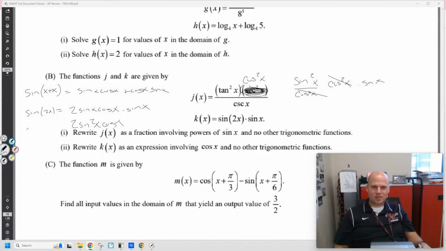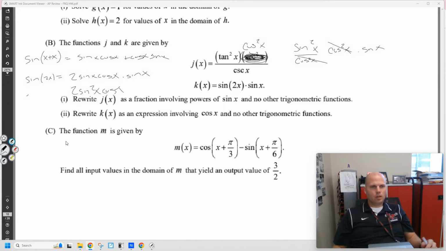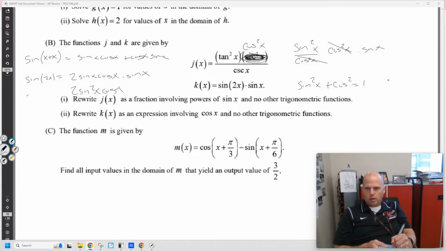What are they trying to do here? This turns into cos x and no other trig functions. Okay, fine. Let's replace sine squared. Sine squared plus cosine squared equals 1. Sine squared equals 1 minus cosine squared. So we got 2 times 1 minus cosine squared x times cos x.